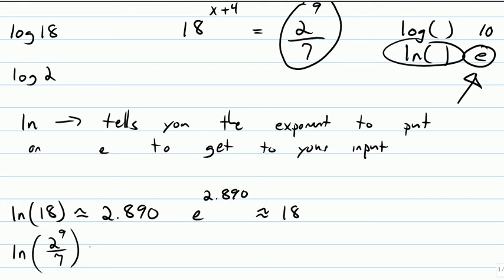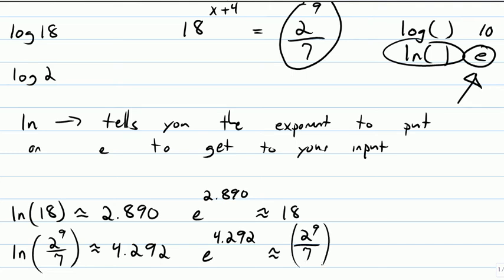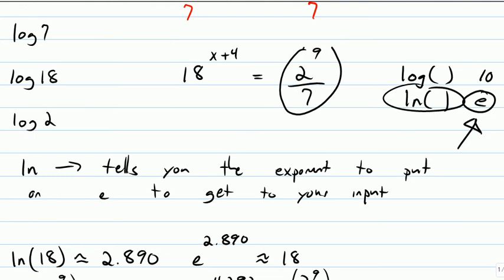Natural log of 2 to the 9th over 7 is approximately 4.292. So e to the 4.292 is approximately 2 to the 9th over 7. So we've got a lot going on here.